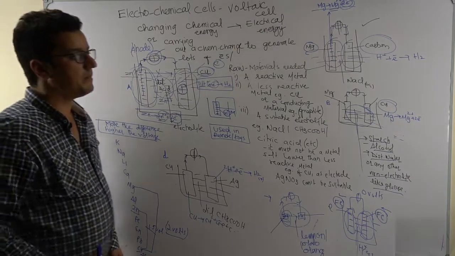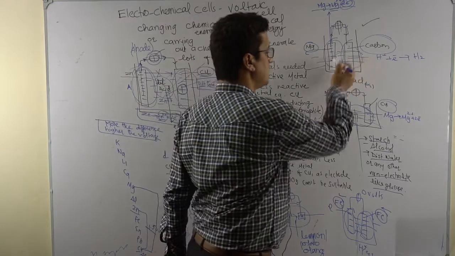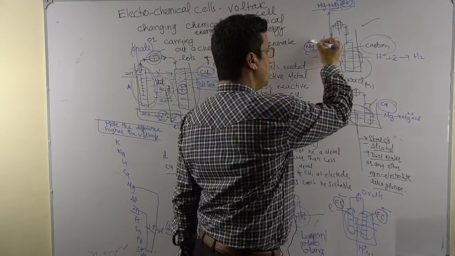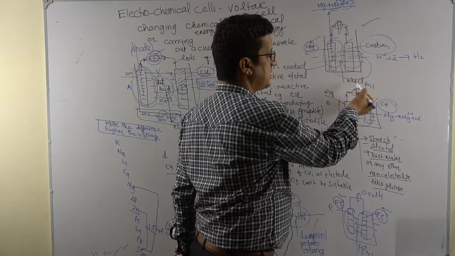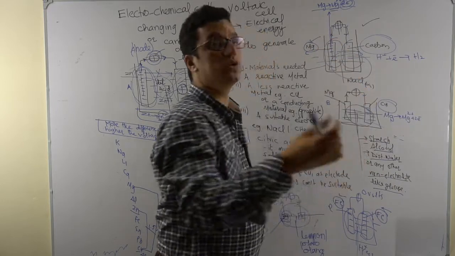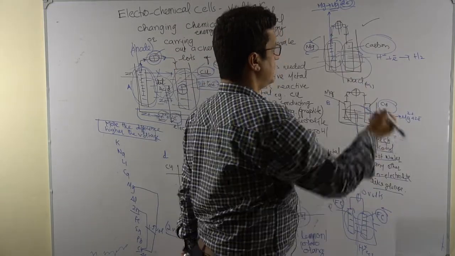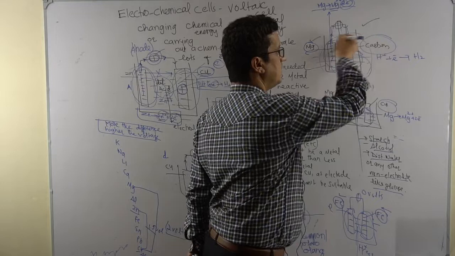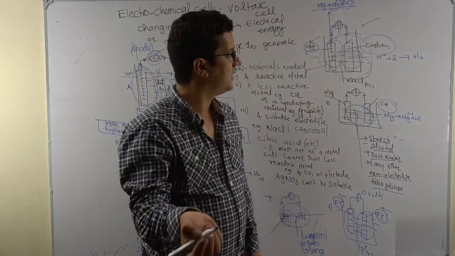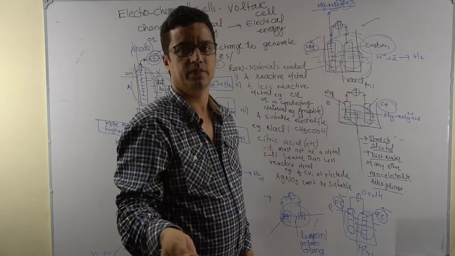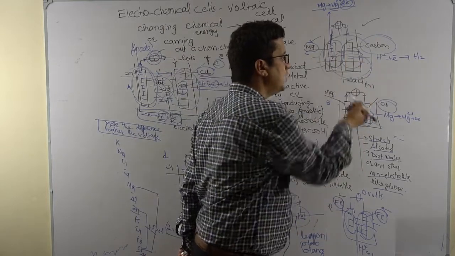Okay, and remember, the electrolyte has a suitable concentration. The higher the concentration, the more the reaction will take place. As a result, the cell will be used up quickly. So we use a suitable electrolyte concentration. But sometimes you have a cell working, and somebody says, okay, add a bit more water. So the electrolyte becomes dilute.